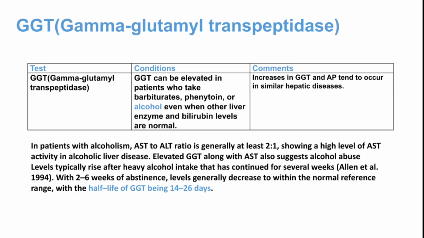GGT and alkaline phosphatase are elevated in hepatic diseases, but GGT alone can be elevated in those who are taking barbiturates and phenytoin. So we can pick up alcoholism, or we can know whether the patient has taken alcohol or not. Up to 2 to 3 weeks, this can be elevated in those who have taken alcohol in the previous weeks.